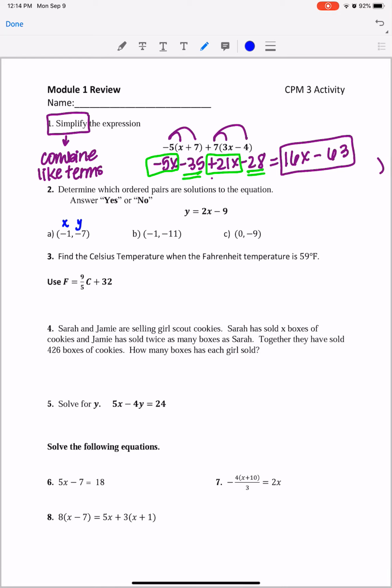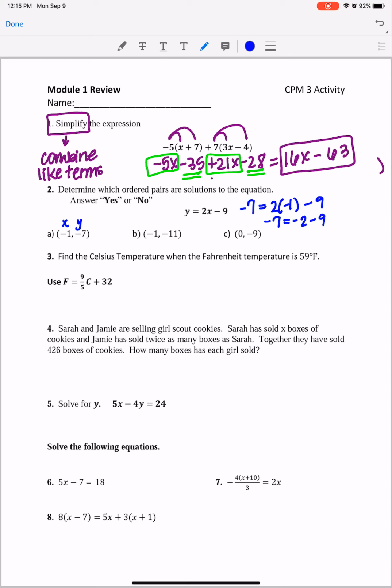We've got negative 7 in place of my y equals 2 times x, which my x is negative 1, minus 9. So solve. We get negative 7 equals 2 times negative 1, which is negative 2.